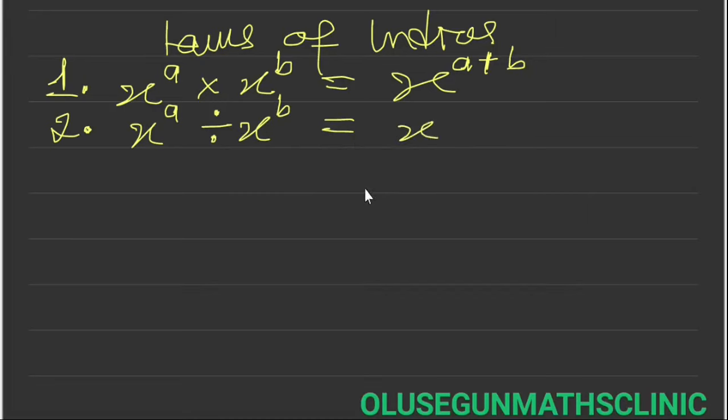So when you select only one base, because it is a division, you're now going to take that A minus B to give you A minus B. That is the second law. We need to understand this law before we solve any problem. That is how it will give an authority in solving any question. Without seeing the answer, you will know that you are right because you are following the rules.